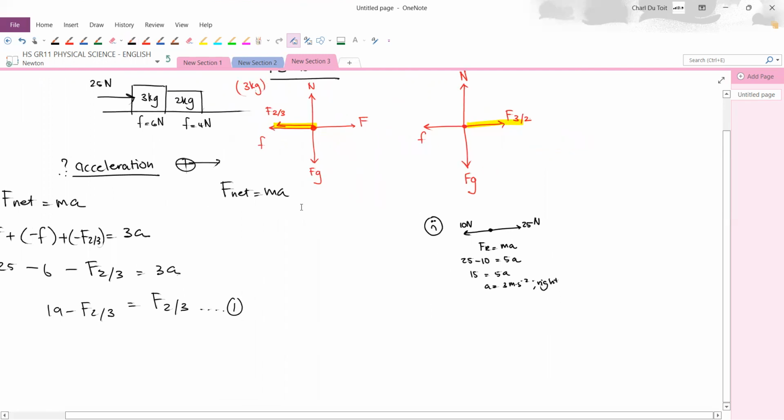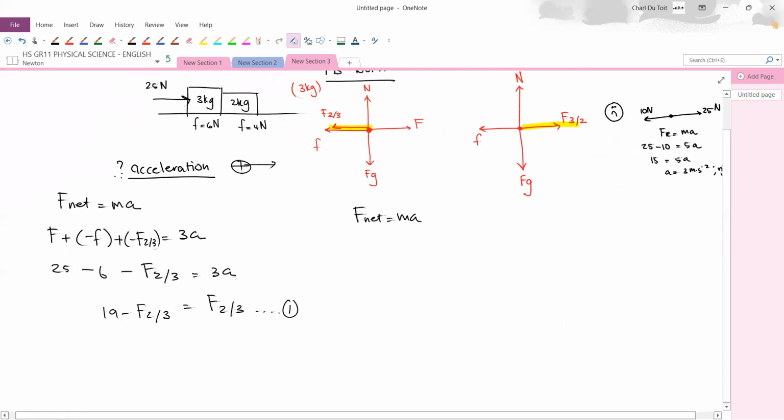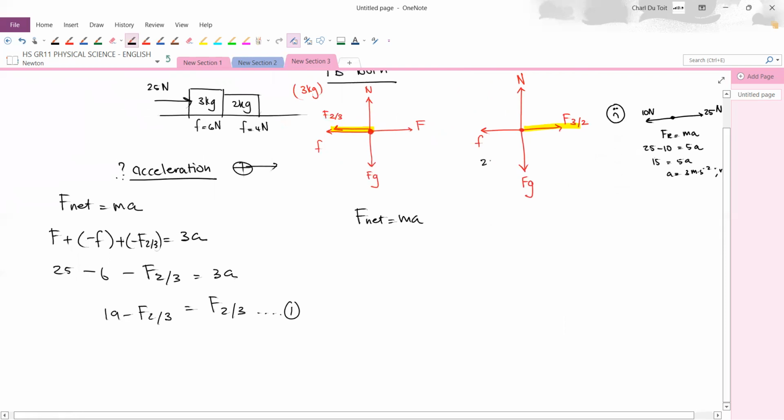Now I have to do the same for the 2 kg block drawing. F net equals MA. So the force of the 3 kg on the 2 kg is positive because it's to the right. Plus your negative frictional force is the mass 2A.